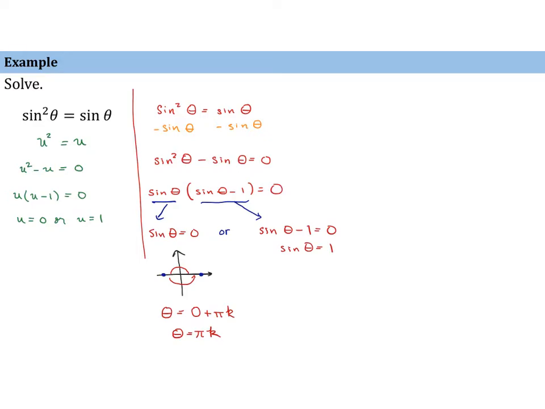Now as we look at sine of theta equals 1, that again is a quadrantal angle, but this time it's only on our positive y-axis, and so that would mean that theta would equal pi over 2, and the next time we encounter that quadrantal angle is 2 pi units later. And so therefore our answer is theta equals pi k, or theta equals pi over 2 plus 2 pi k.